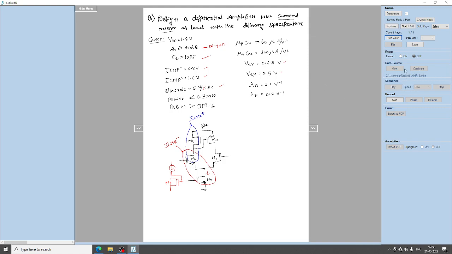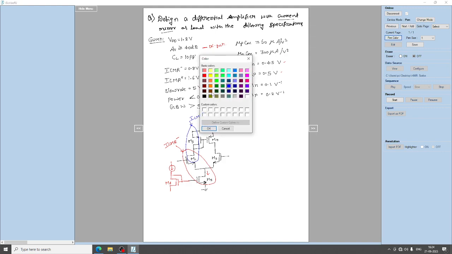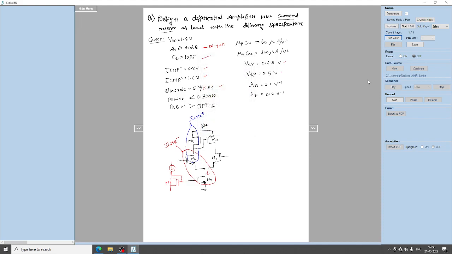Using the maximum input common mode range, we will find the aspect ratio of M3 and M1. We can also find the aspect ratio of M1 and M2 by making use of the gain bandwidth product.